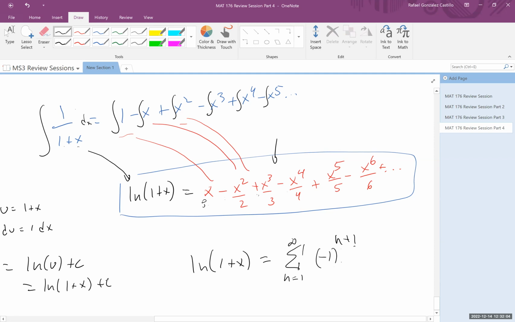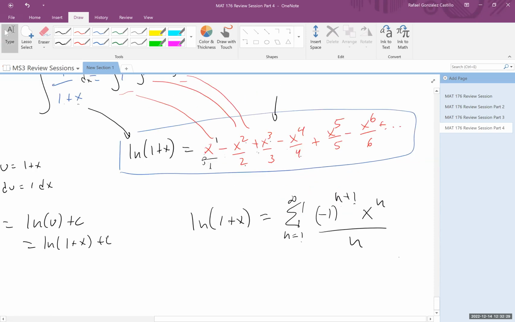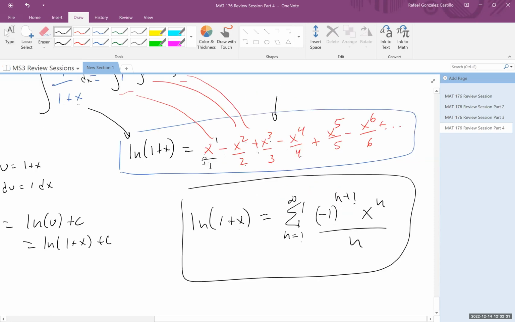Then every term has an x in it, and that x is just to the power n, because this is x to the 1, x to the 2, x to the 3. Again, we're beginning at 1, so if you put x to the n, they begin at 1, then go 2, then 3. And then this is divided by 1, 2, 3, 4, 5, 6, or by n itself. And that is the Maclaurin series for ln of 1 plus x.